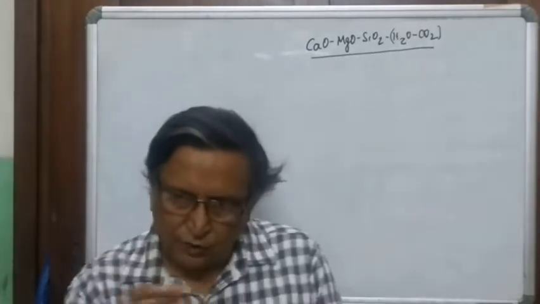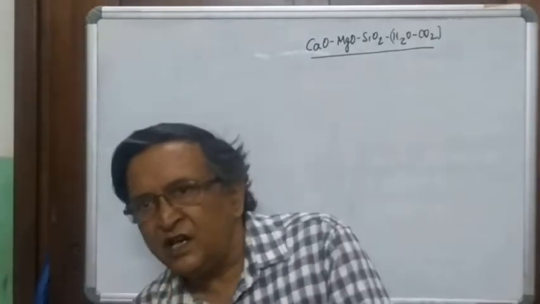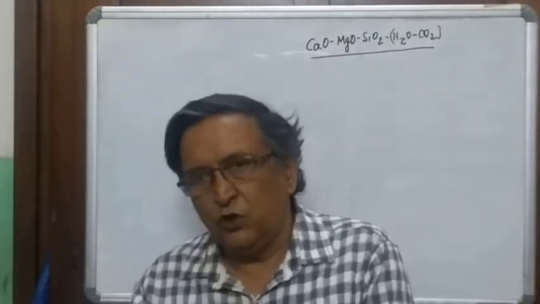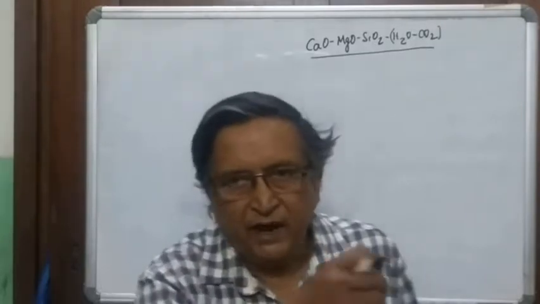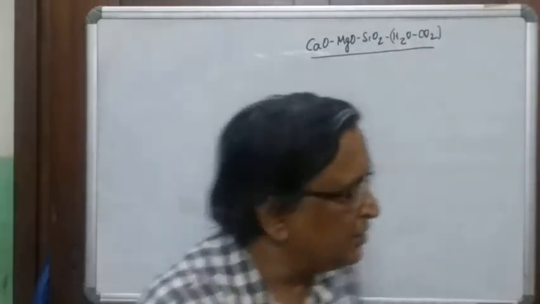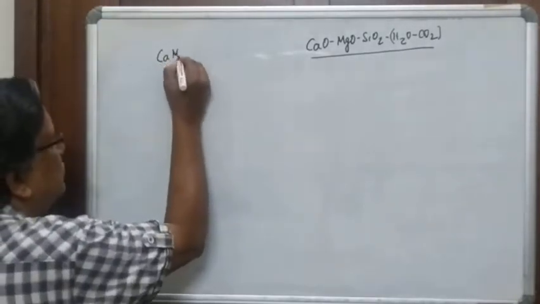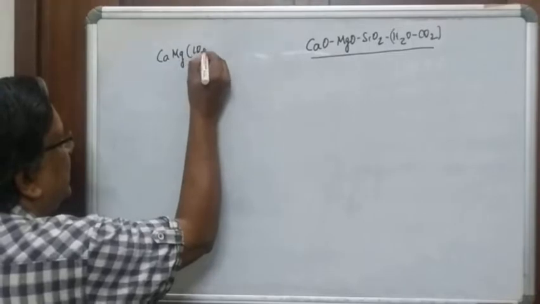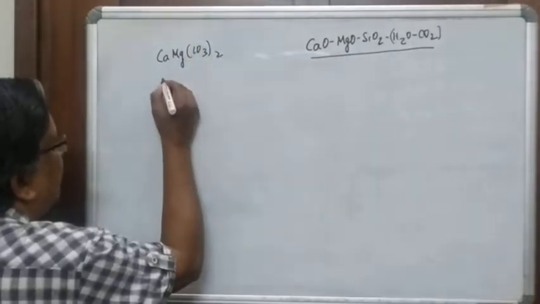Or it could also be expanded to a situation where you have dolomitic quartzite, that means quartzite is the dominant rock, where you have dolomitic materials inside. So the formula for dolomite, as I have told you, is CaMg(CO3)2, and you have SiO2.